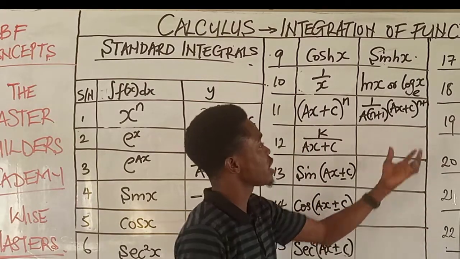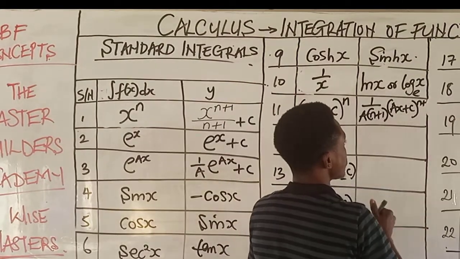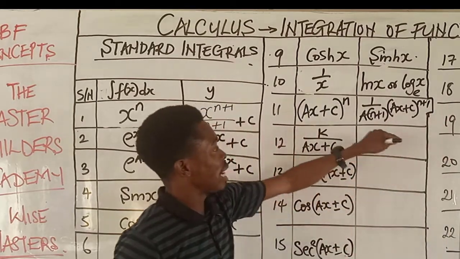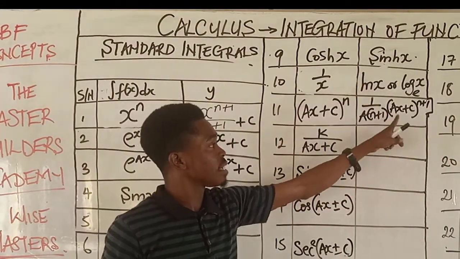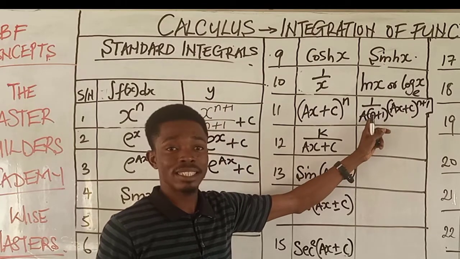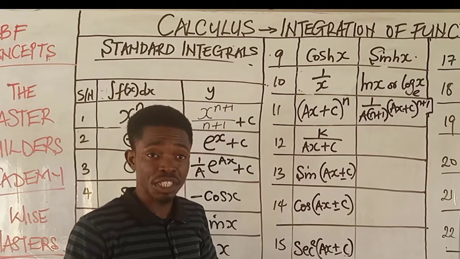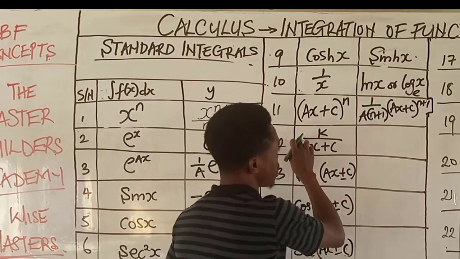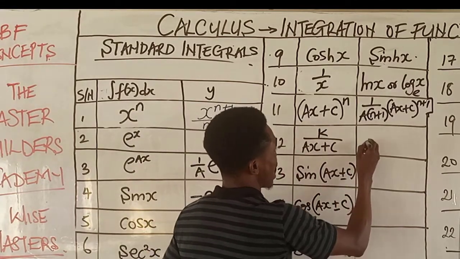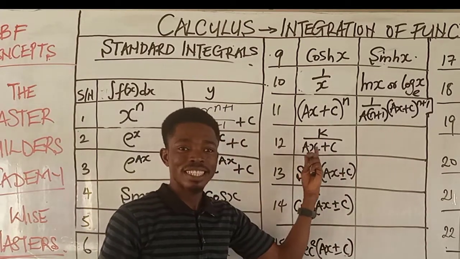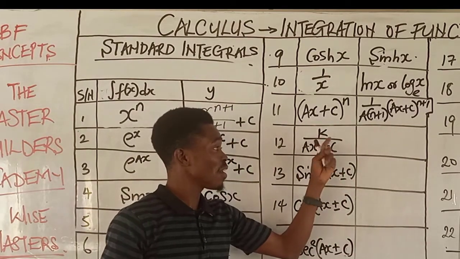This is so you increase the power by 1 and then divide everything by the power and the coefficient of the variable you have when you differentiate the function. Likewise, if you integrate 1 over, this is a division, I have a numerator and I have a denominator.